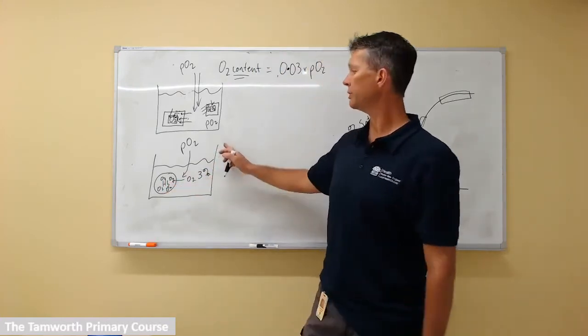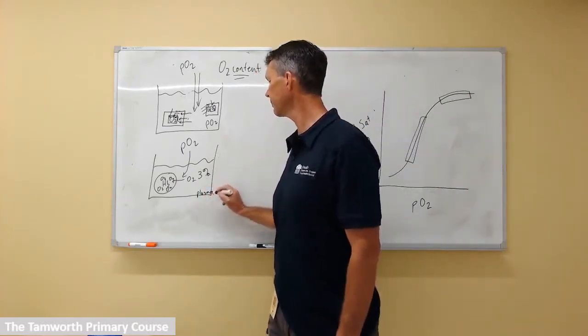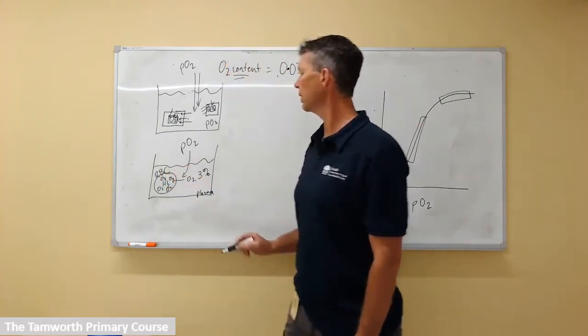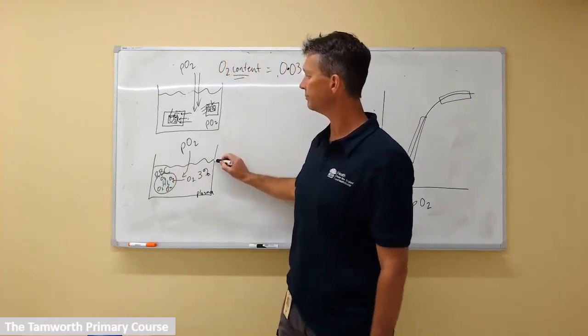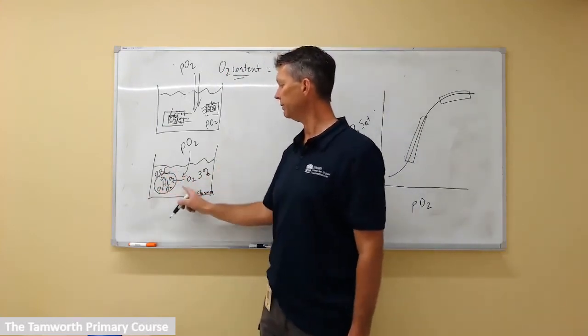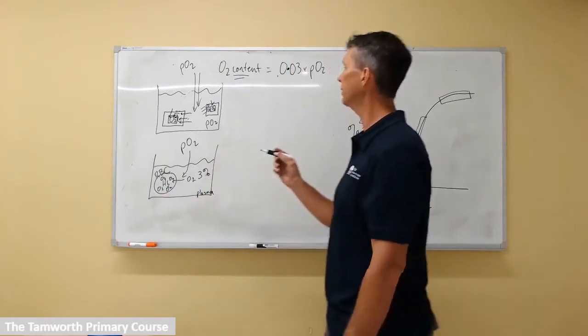So if we've designed blood, what we're now talking about here is plasma. We're talking about the red blood cell. We're talking about the alveolar membrane. And so by adding this compartment, we've increased the mass of oxygen that can be carried by blood.